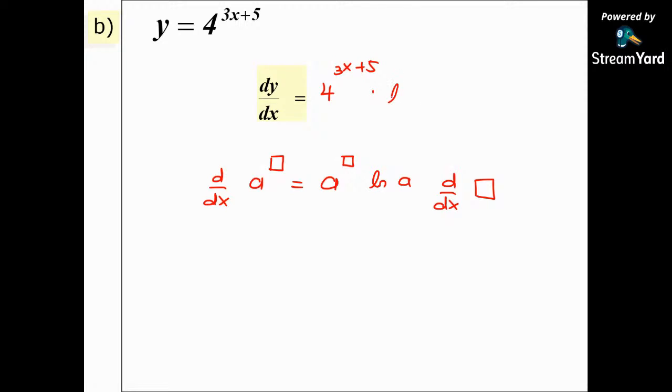We got 4 as the base, so this is ln of 4, and then we should differentiate 3x plus 5. Differentiating 3x plus 5 gives us 3. So what we have is 4 to the power of 3x plus 5 multiplied by 3 ln of 4. Okay, so that's it for B.